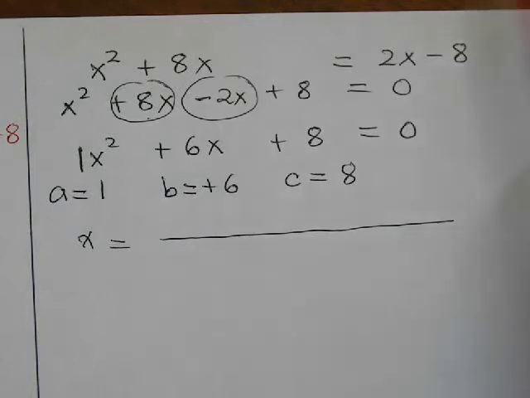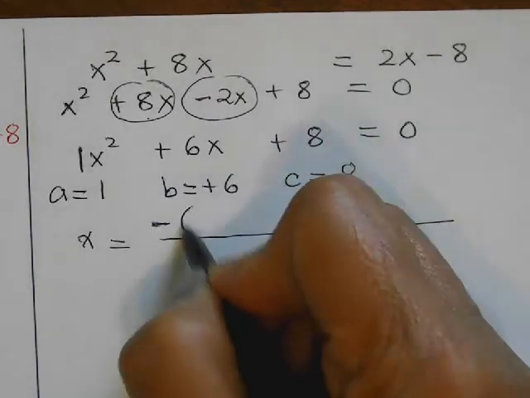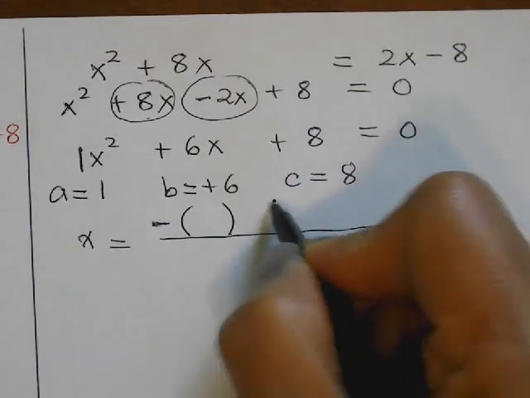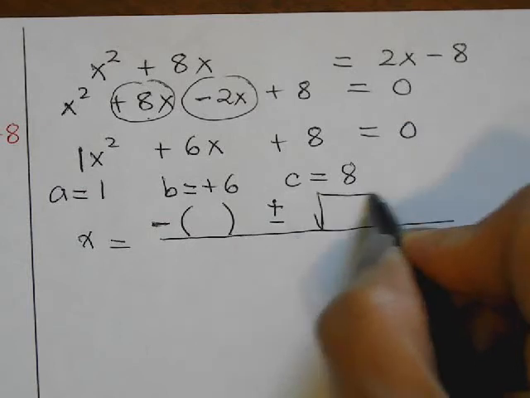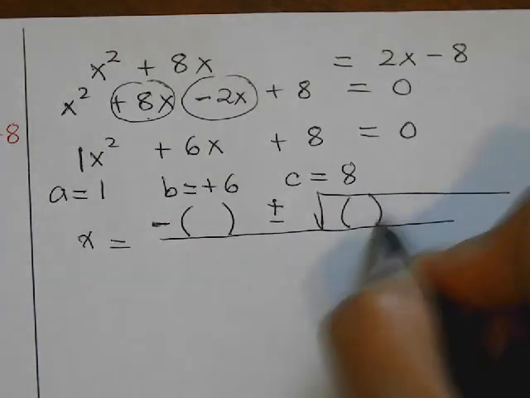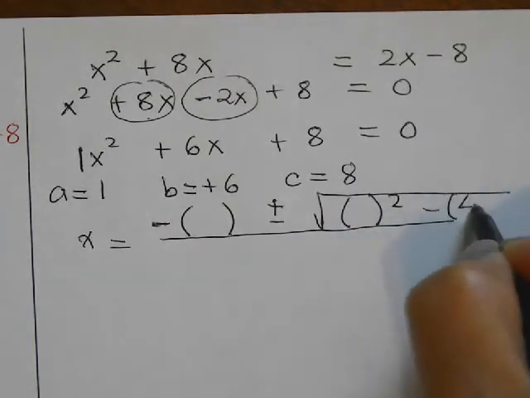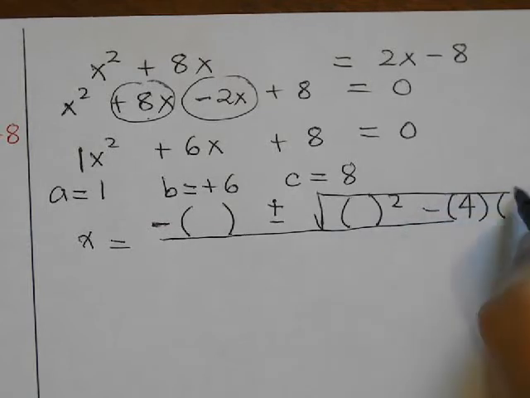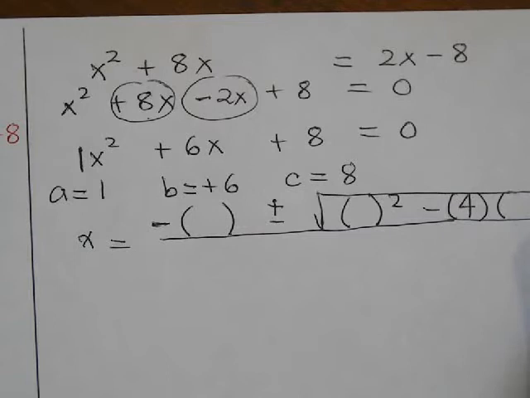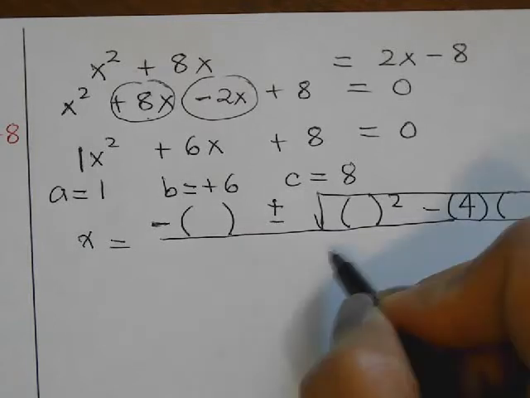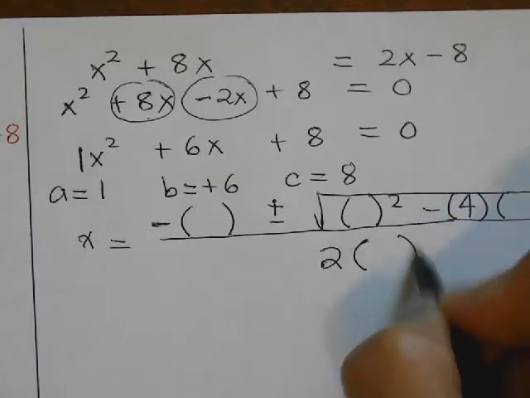Okay, so it's negative b, plus and minus square root of b squared minus 4 times a times c over 2 times a.